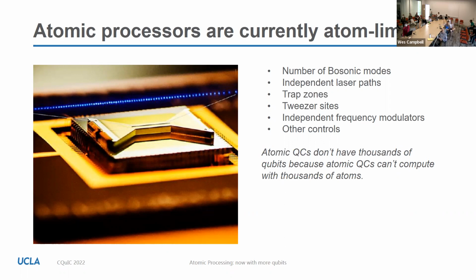The reason that we don't have thousands of qubits in these things is basically that they can't work with thousands of atoms and still keep things working well. It's not that you run out of atoms, you run out of technical stuff, like trap zones that you can work with, whatever it is. There's a whole list of these things. We're atom limited. And in the case where we're atom limited, maybe it doesn't make a ton of sense to use just 2 states.